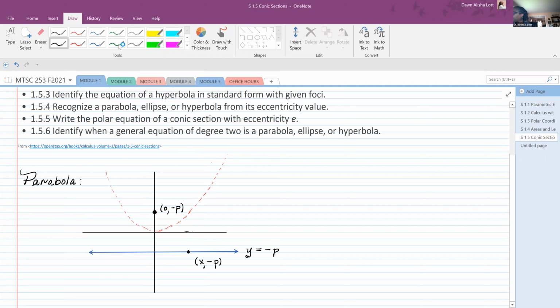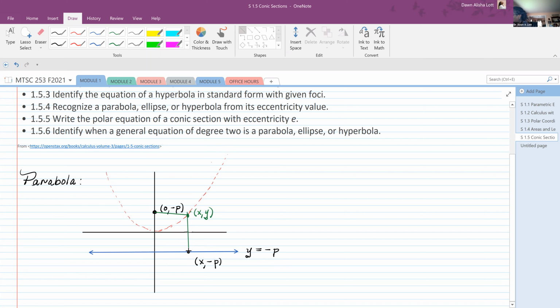This is the point I'm concerned about, the point (X, Y). So the parabola consists of all the points whose distance from here to here is the same as the distance from there to here.